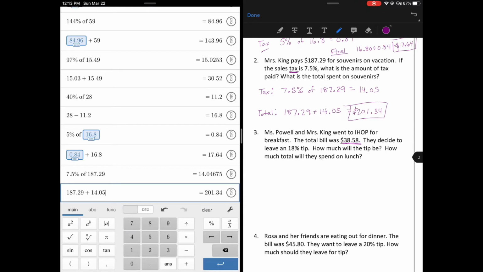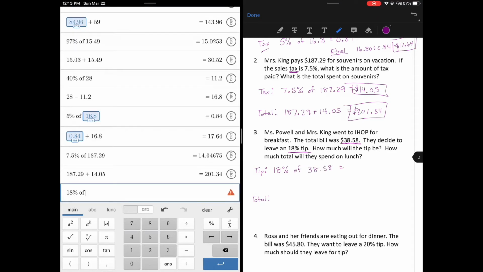They decided to leave an 18% tip. How much will the tip be, and how much total will they spend on the lunch? So we first need to find our tip, and then we need to find our total. To find our tip, we're going to do 18% of $38.58.